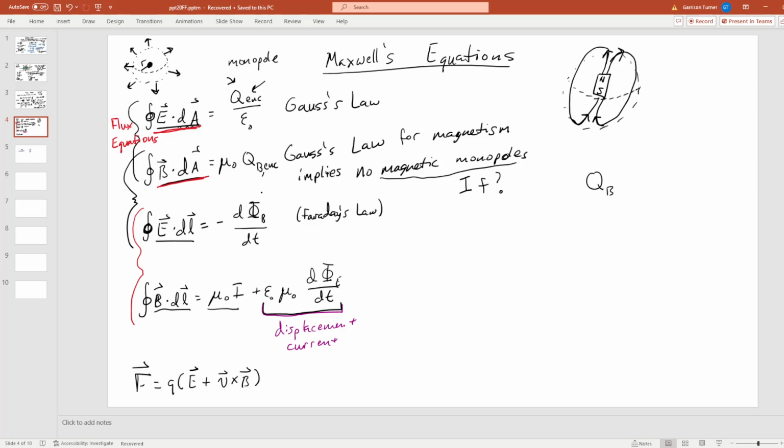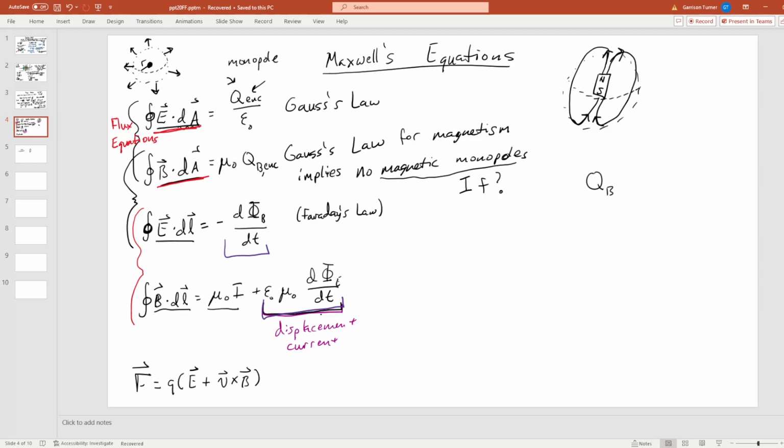What about Faraday's law? Notice that if I compare Faraday's law and Ampere's law, both equations contain a time derivative of a flux. Faraday's law has the time derivative of the magnetic flux. Ampere's law has the time derivative of the electric flux.